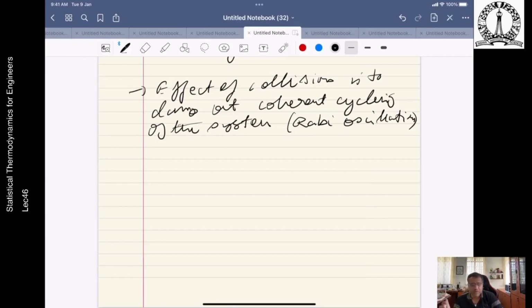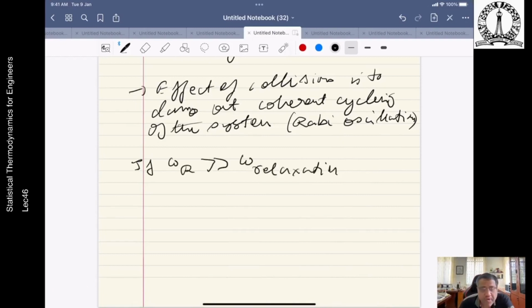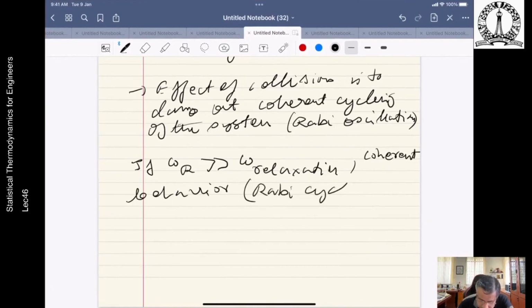So if omega R is much greater than omega relaxation, a coherent behavior, which is called the Rabi cycling, will be observed.